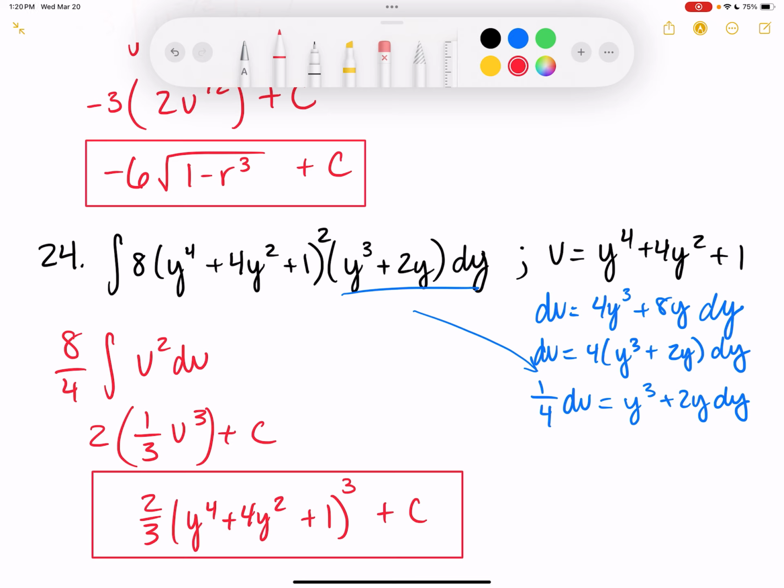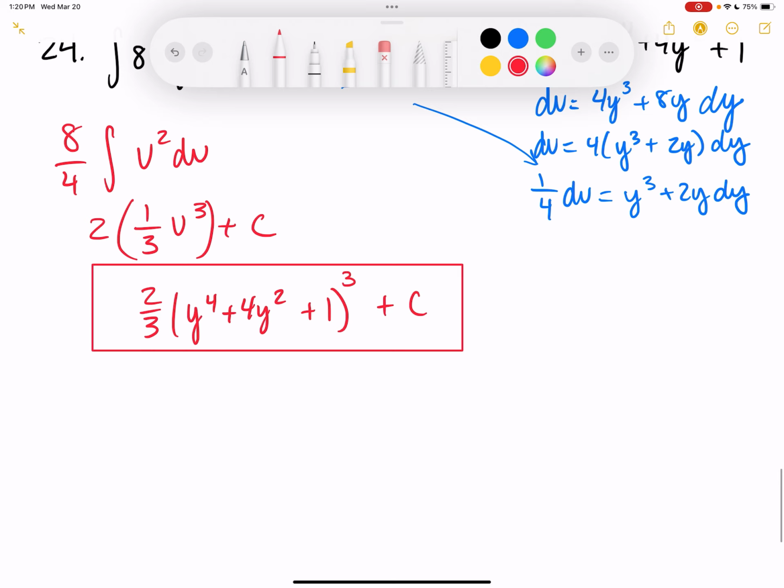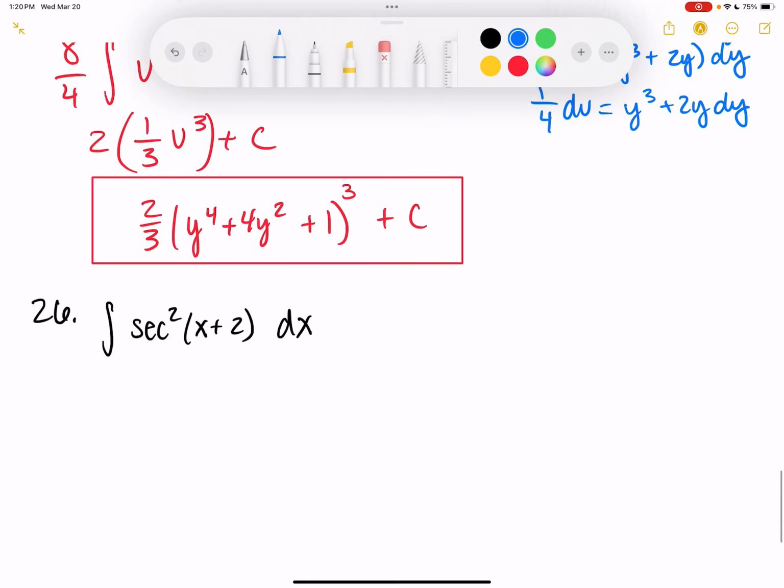All right, let's do one where they don't give us u, and then it'll probably be time for the day. 26. The integral of secant squared of x plus 2 dx. When we're looking for u, it's typically things in parentheses, things in a radical, things inside of a trig function. So a good guess is u is x plus 2.